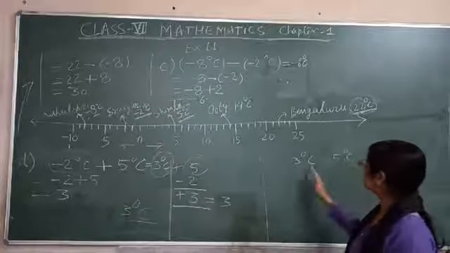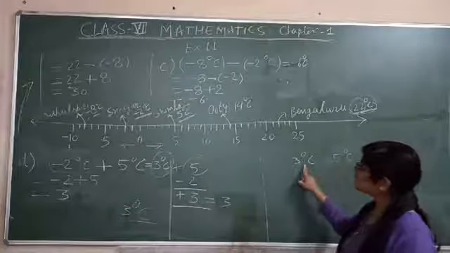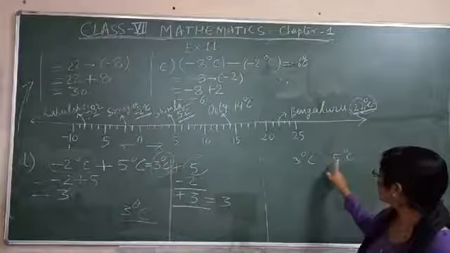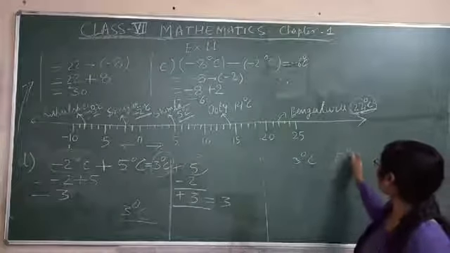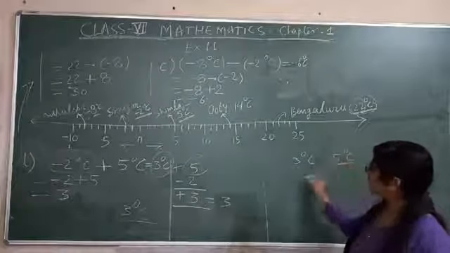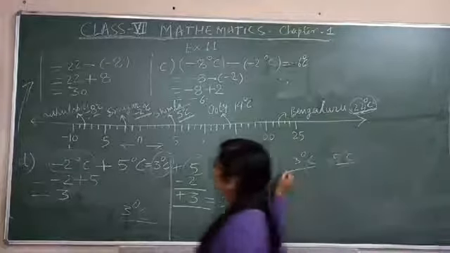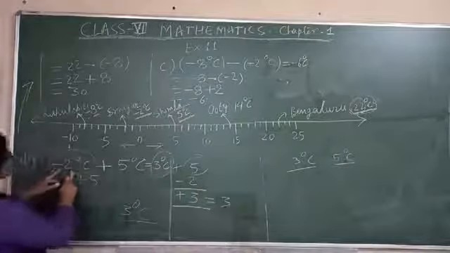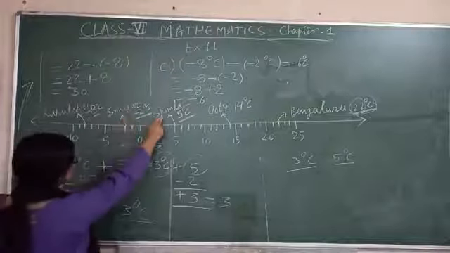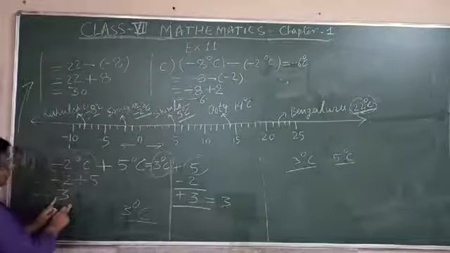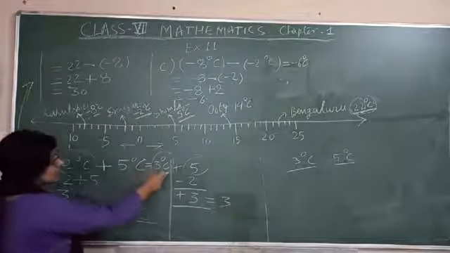Okay. So this one is the temperature of Simla, and this one is the combined temperature of Srinagar and Simla. When you calculate, you are getting 3 degrees Celsius.